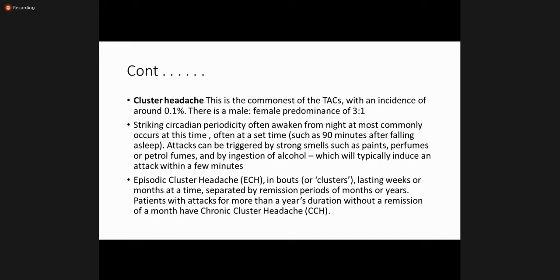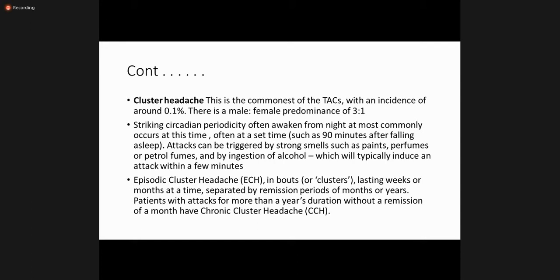It has an association with circadian rhythm and usually occurs at night, and the patient may awaken from sleep when the headache becomes intense. It is most often seen at 90 minutes after falling asleep. There are certain triggers, such as strong smells like paints, perfumes, petrol, or sometimes ingestion of alcohol, which will also induce the typical attack of cluster headaches.